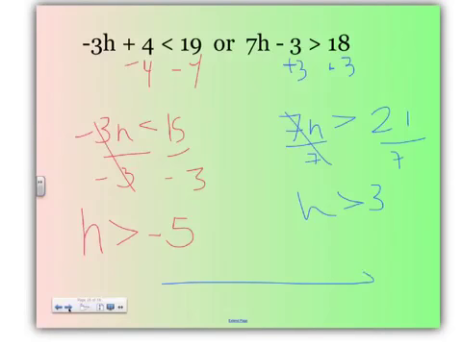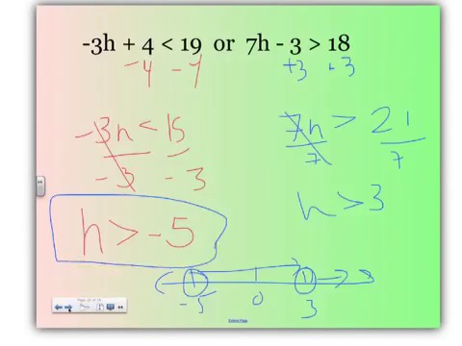So if I wanted to graph that, I'll have 0, negative 5, and 3. X is either greater than 3 or x is also greater than negative 5. So that tells me that it can be x greater than negative 5 because anything greater than negative 5 will work.